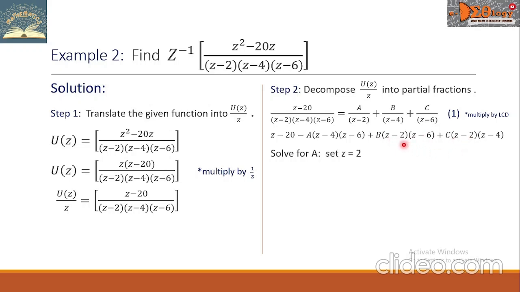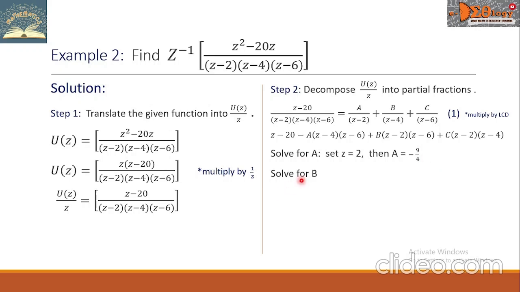What we're going to do, we set z equals 2, which means for all the z we see in the equation, we will replace it by 2. Then we can solve for A. And the A value is equal to negative 9 over 4.